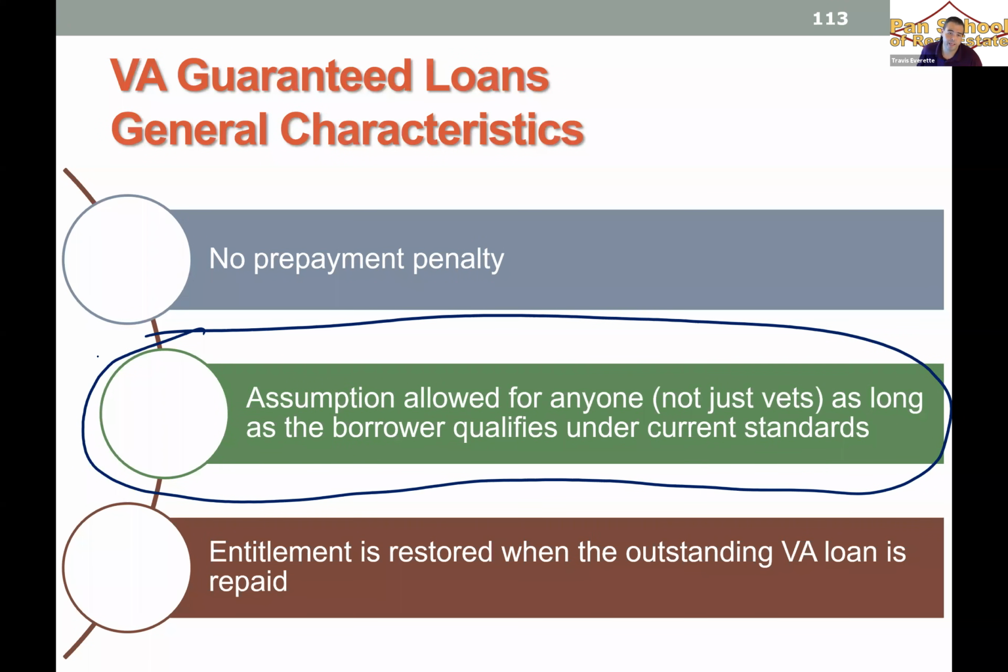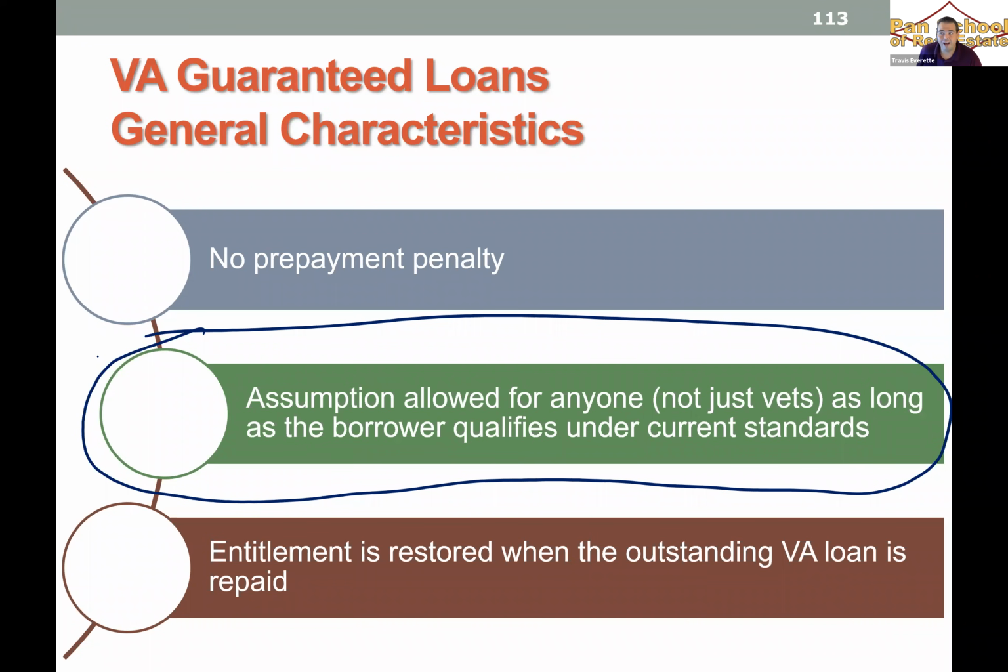But here's going to be the catch. They're probably not going to be able to get their own new VA loan if they allow you to assume theirs, because their entitlement would stay tied up with your loan until you paid it off.